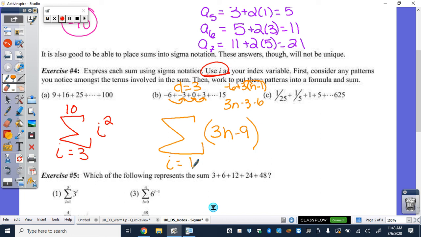So we're going to start at 1. We said our -6 was our first term, so that's going to be a 1. We have to figure out which term is our 15. So if I do my little explicit formula that we just found and set it equal to 15, we can figure out where our summation needs to stop.